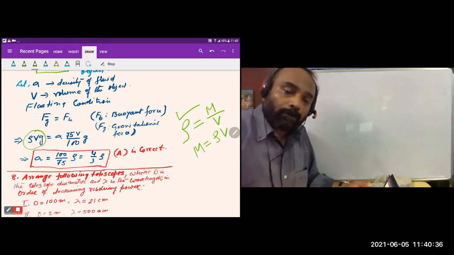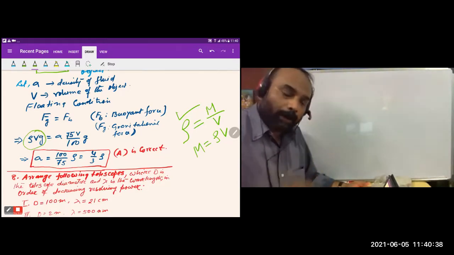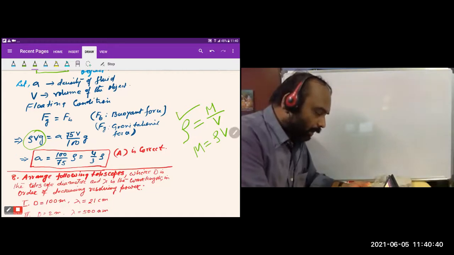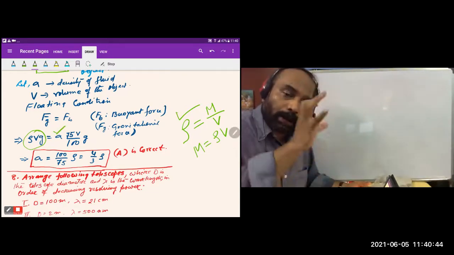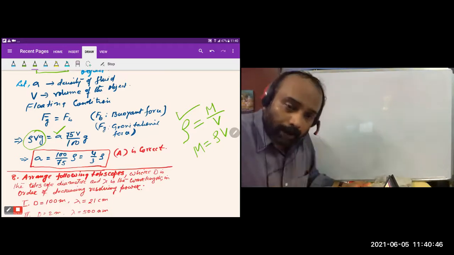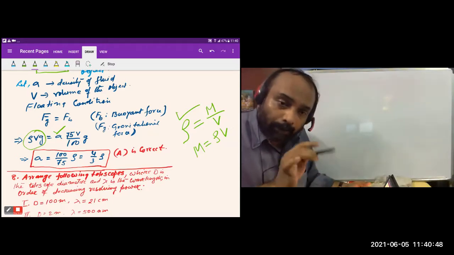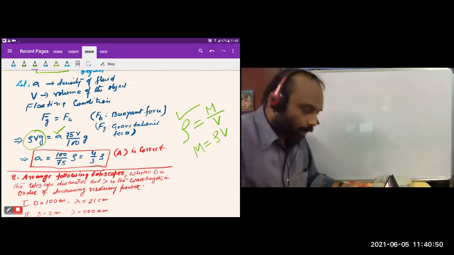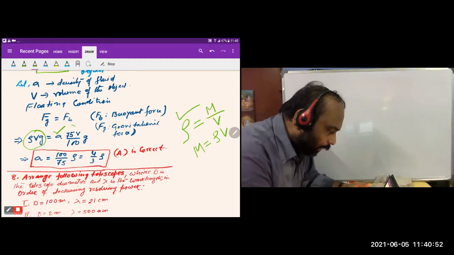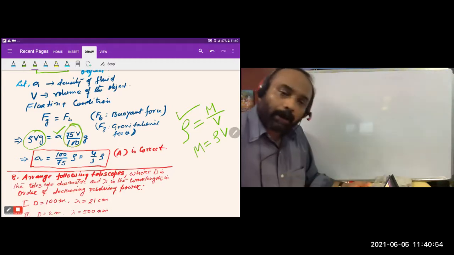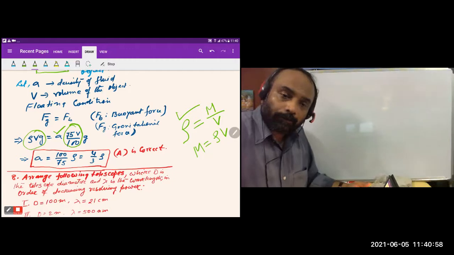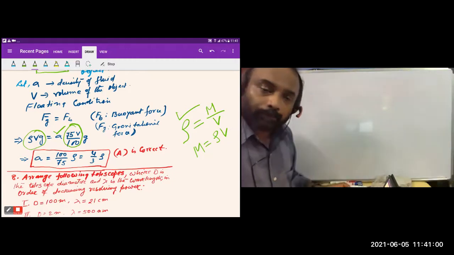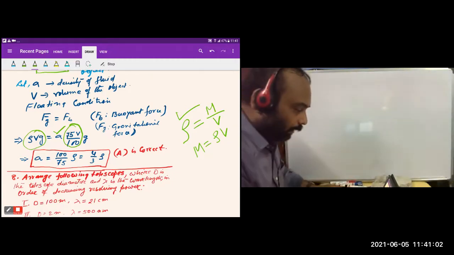What is the buoyant force? Density of the liquid, which we consider as sigma. How much volume is immersed inside the liquid? 75% of that volume. That means 75 V by 100 times g, that is my buoyant force. They are balancing each other.